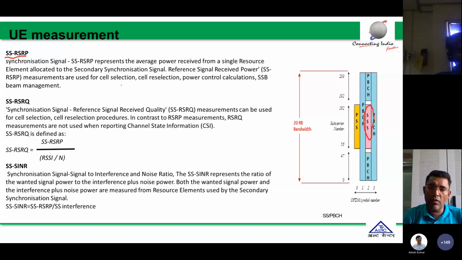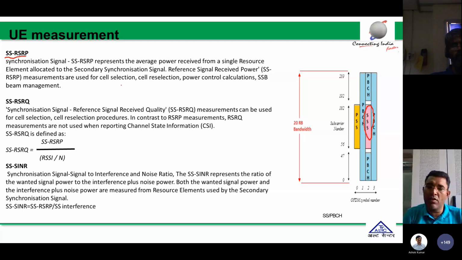What it means, actually, is that the RSRP is just the calculation of the received power from the secondary synchronization signal, but RSSI is the measurement of all the symbols in that domain, in that OFDM symbol, meaning the third symbol.